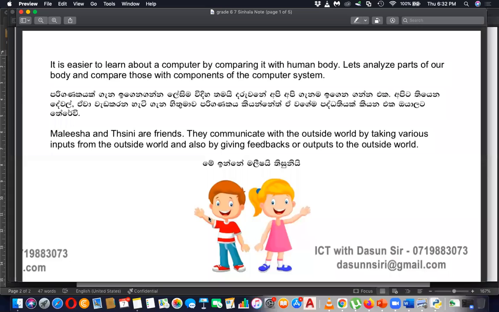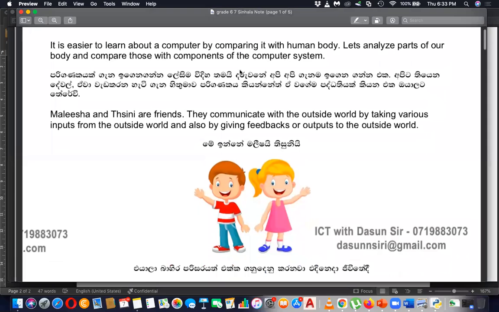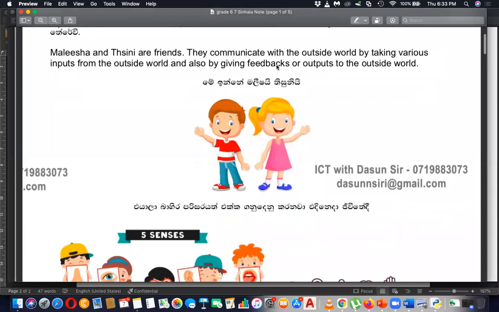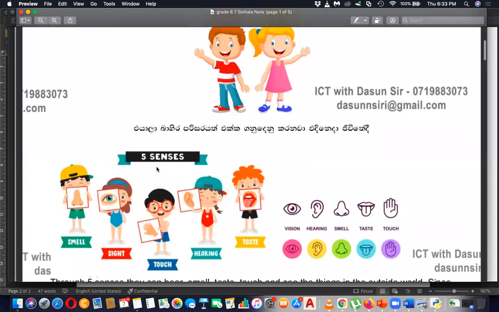Here you can see Malisha and Tisuni, both are friends. Let's compare what components they have with the computer system. They can smell, see, touch, hear, and taste.